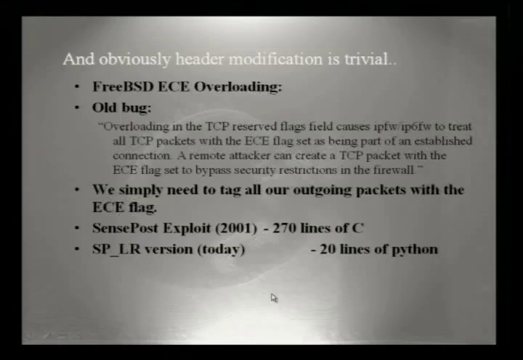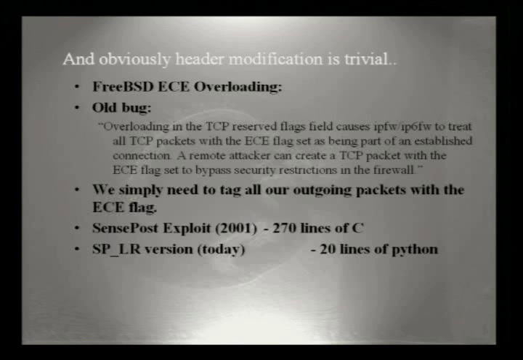The interesting thing about this is we released an exploit for this way back to allow you to do the same thing. Originally, even though it stole stuff from libnet, the amount of code you needed was around 270 lines of C code to achieve this. Using LR today, you can do it in 20 lines of Python code, and about 4 or 6 of those lines are actually comments.